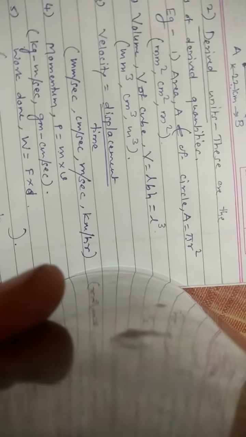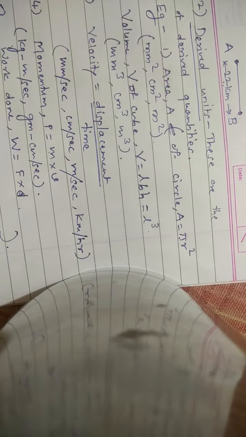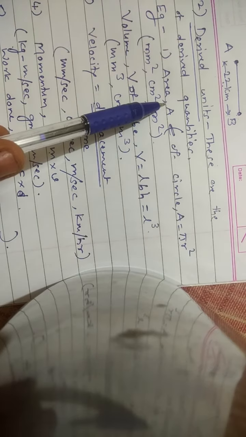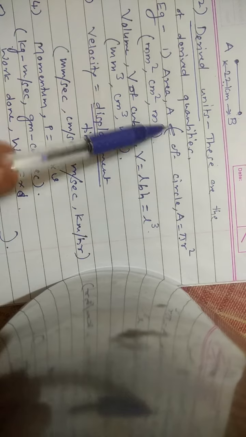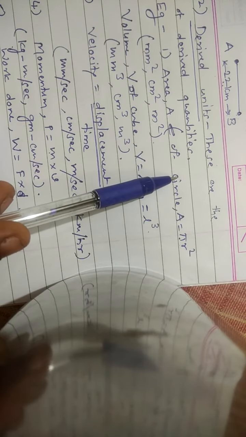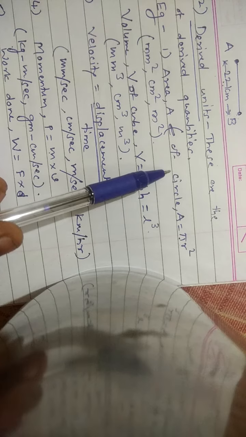So then what is a derived unit? As I explained, these are the units of derived quantities. So you have area. Just for the understanding purpose, I have taken area of circle here. Not necessary, as I've already explained, it should be a circle. You may take any example.